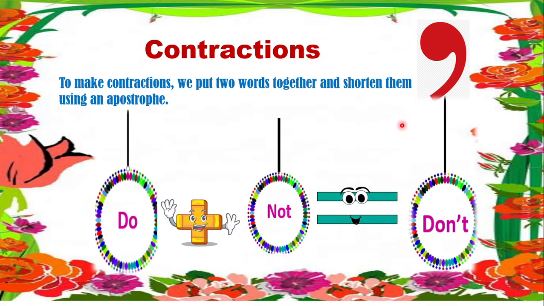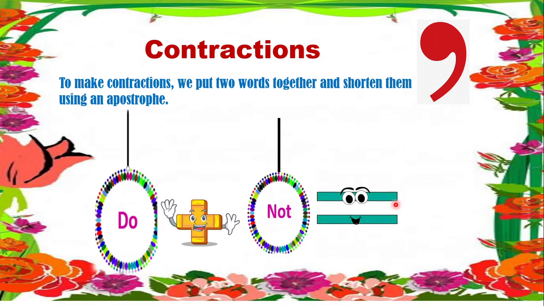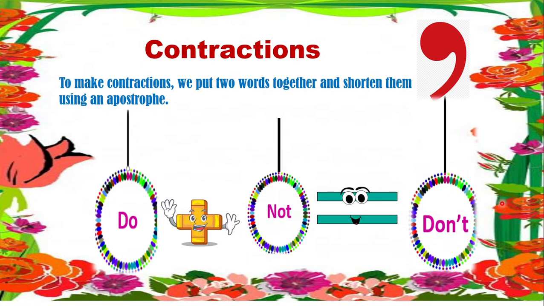So here, what does the apostrophe do? It cancels out the letter or letters. In that case, it's one letter, O. We cancel it out and put an apostrophe. So again, the word do with not makes don't. Don't is the contraction. The apostrophe instead of O, to make it one word, to shorten these two words.